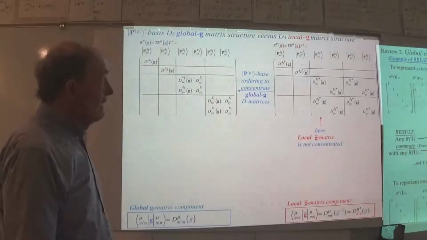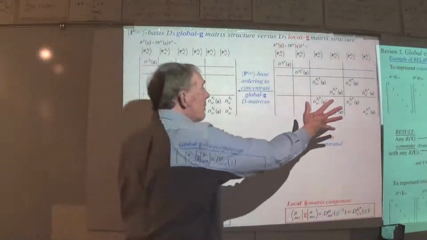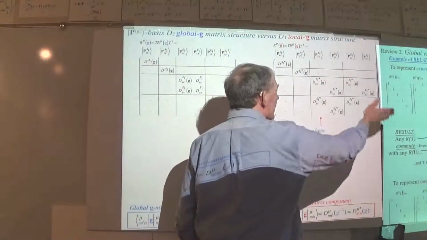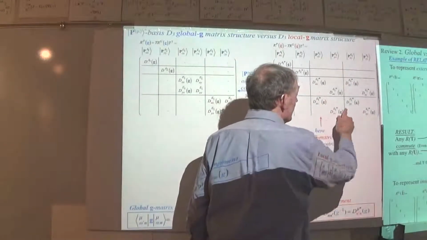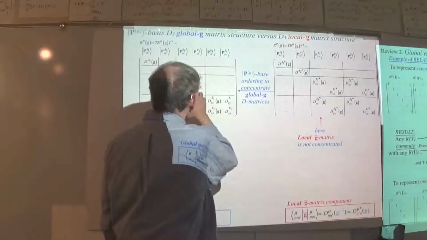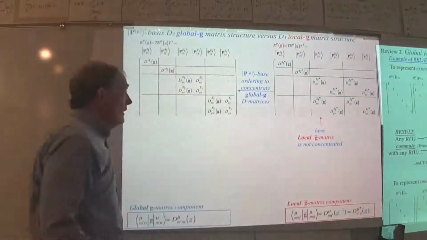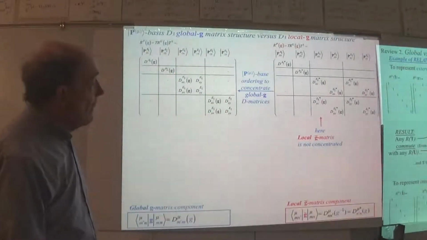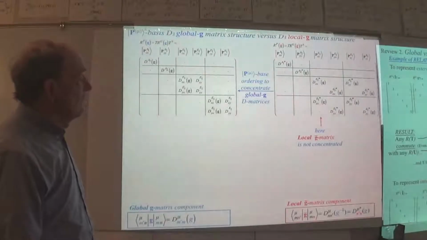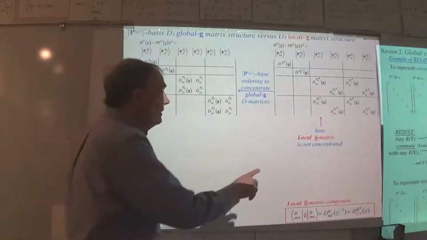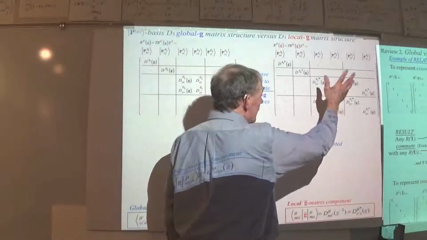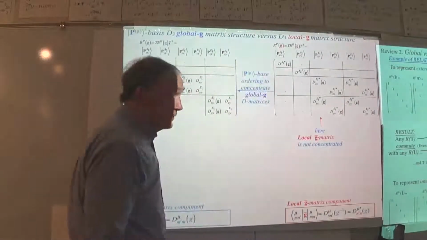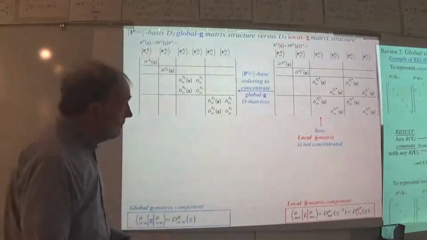Flip that guy, and you smear them all over here. But each one's a unit matrix times a coefficient, you see. Very different from this one, which are not unit matrices at all. Okay. And you see the local G bar matrix not connected. You see, they're all sort of not concentrated, I would say, not close to the diagonal.